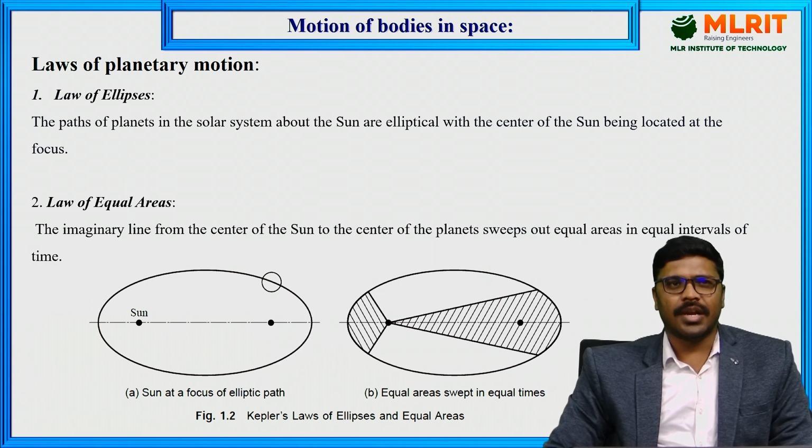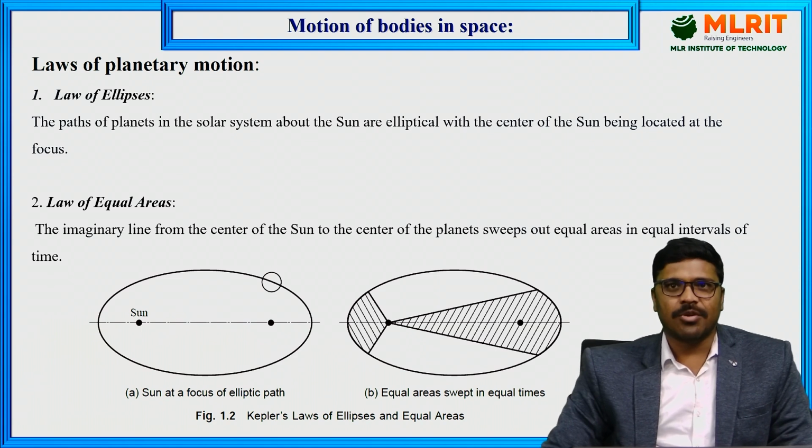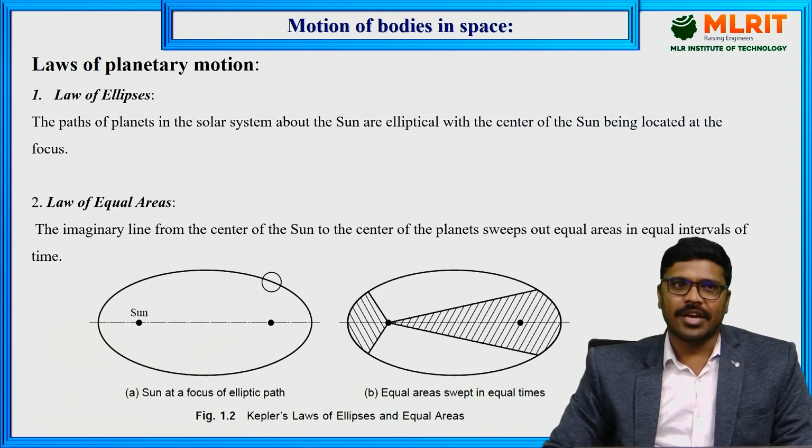Next, the second law, the law of equal areas. According to this law, the imaginary line from the center of the sun to the center of the planet sweeps out equal areas in equal intervals of time.